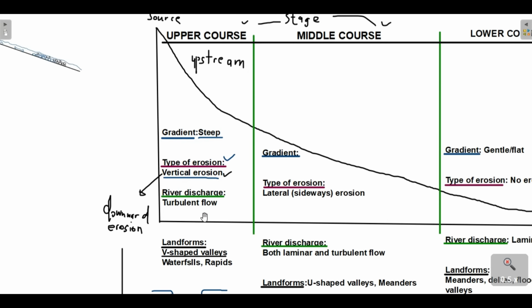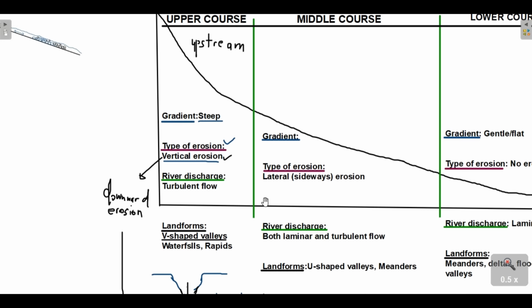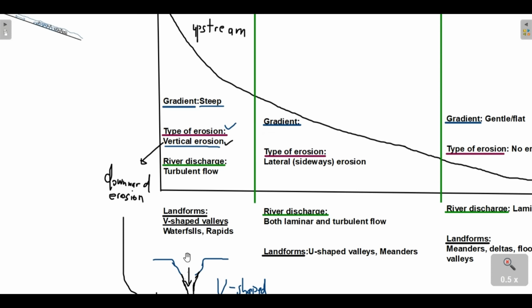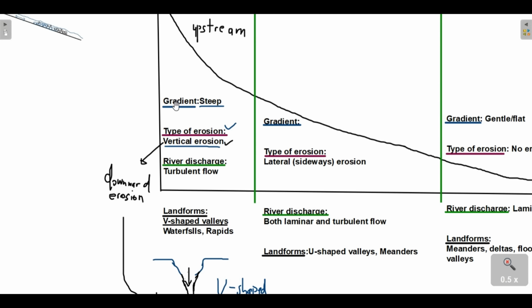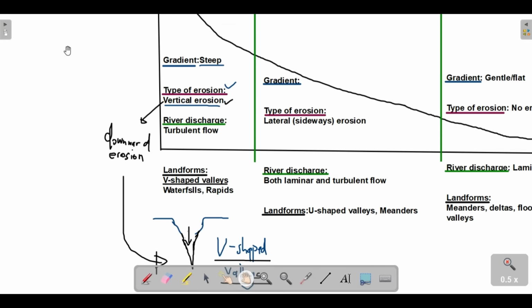Now, the type of discharge. In the previous video, we talked about river discharge, which is the volume of water that flows past a point. And we said we have two types, turbulent and laminar flow. But in the upper course, we only see turbulent flow, right? That's the chaotic type of flow characterized by circular motions of water.